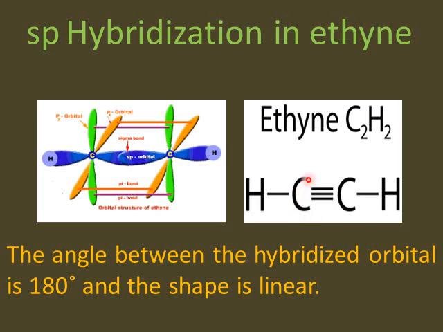Carbon number 1 is attached with 2 atoms, so it is involving its 2 hybrid orbitals. One atom is hydrogen and the second atom is this carbon. It does not matter to us how many atoms this carbon is attached with. At this time I am discussing carbon number 1. So carbon number 1 is attached with hydrogen and with this carbon. It is forming 2 bonds, so it is sp hybridization.